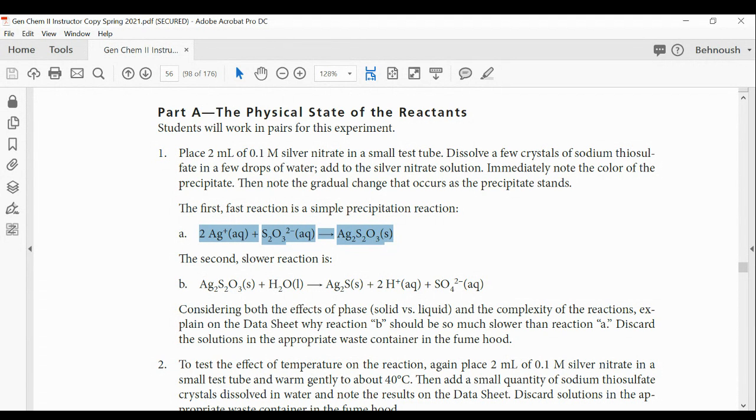So you can come to the conclusion that A is going to be faster, because for B, the reactant is solid. Reacting a solid is going to take longer, because only the surface molecules are going to react, and the molecules in the inner layers have to wait for the surface to go away before they can be exposed to the reagent.